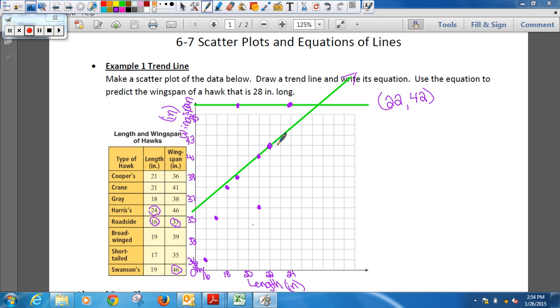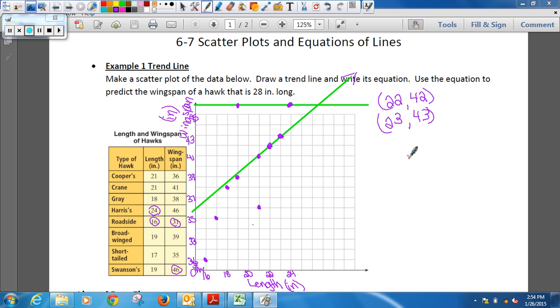And then a second point on here would be 23, 43. All of us might have a slightly different trend line. It all should be pointing upward and in somewhat the same position, but it might be a little bit different. So our equation, depending on our trend line, might change.